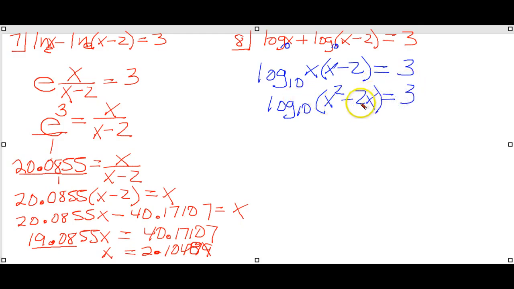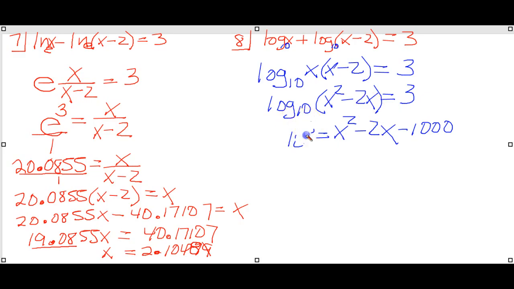Now I'm going to put it in exponential form. My base is 10, my exponent is 3, and my answer is this. Now I'm going to expand this. This becomes 10 to the third is 1,000. But I'm going to move over to this side as a negative 1,000.